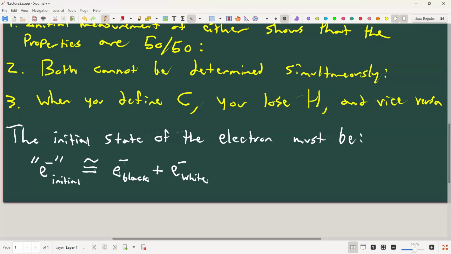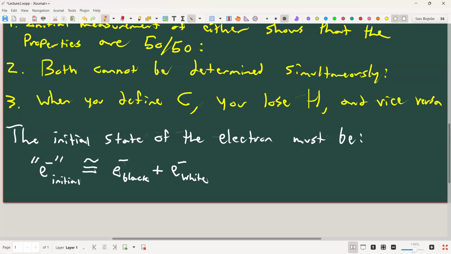We actually have math for problem set one, where we'll go through the math of this problem, very simple, just multiplication. And we'll show that the only possible initial state of the electron that satisfies all of the experimental results that we showed is that the initial electron has to be both simultaneously black and white. It has to be both.